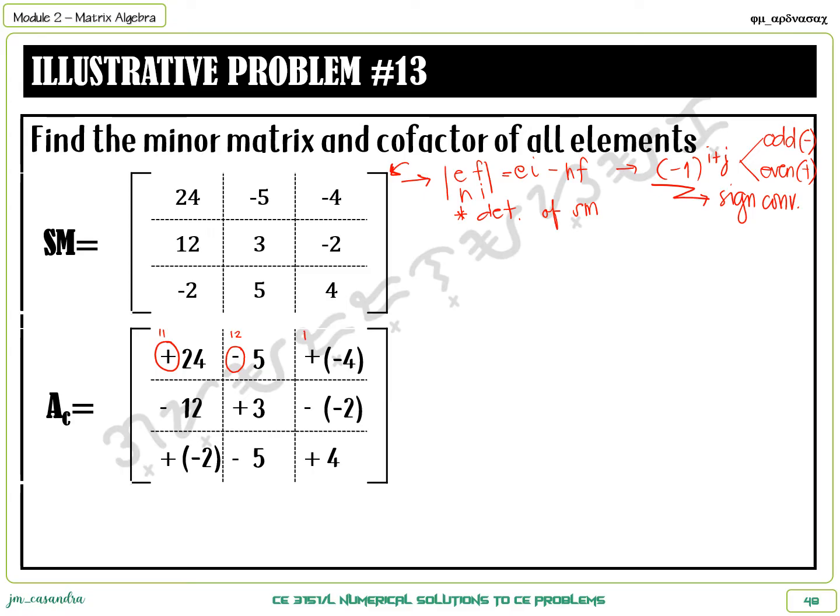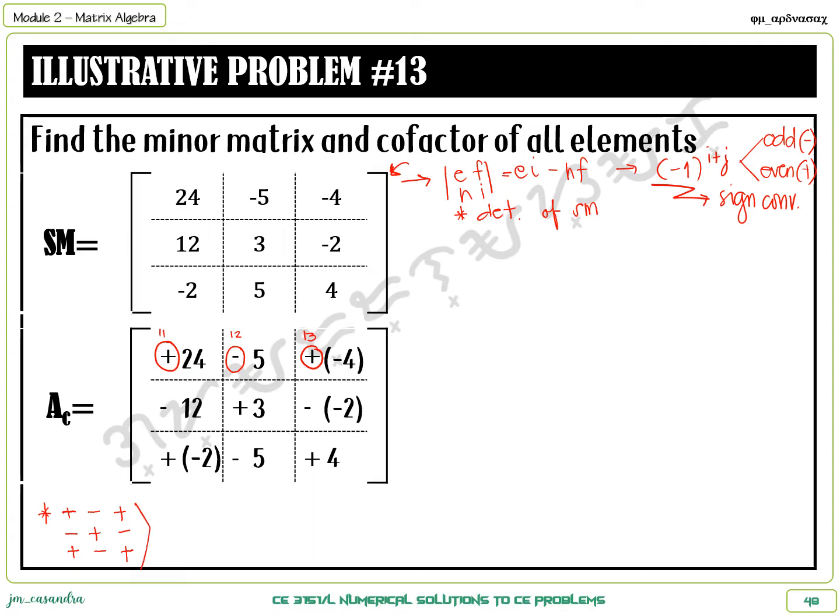This is 1, 3, so it's positive. So the shortcut for our sign convention will be positive, negative, positive, negative, positive, negative, positive, negative, positive. So all of our sign conventions alternate.